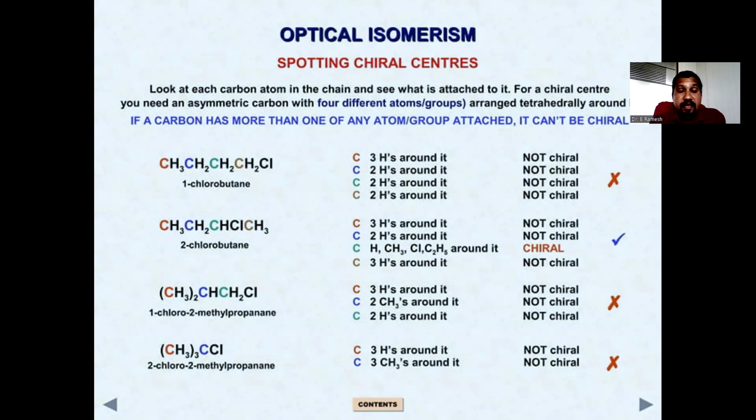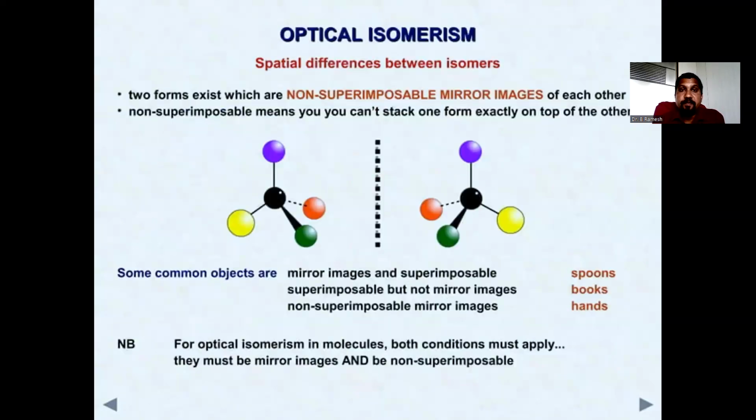Why? Because on the second carbon, one side has hydrogen, one side has chlorine, one side has a methyl group, and one side has CH2. So among these structures, only 2-chlorobutane contains a chiral carbon, or chiral center.